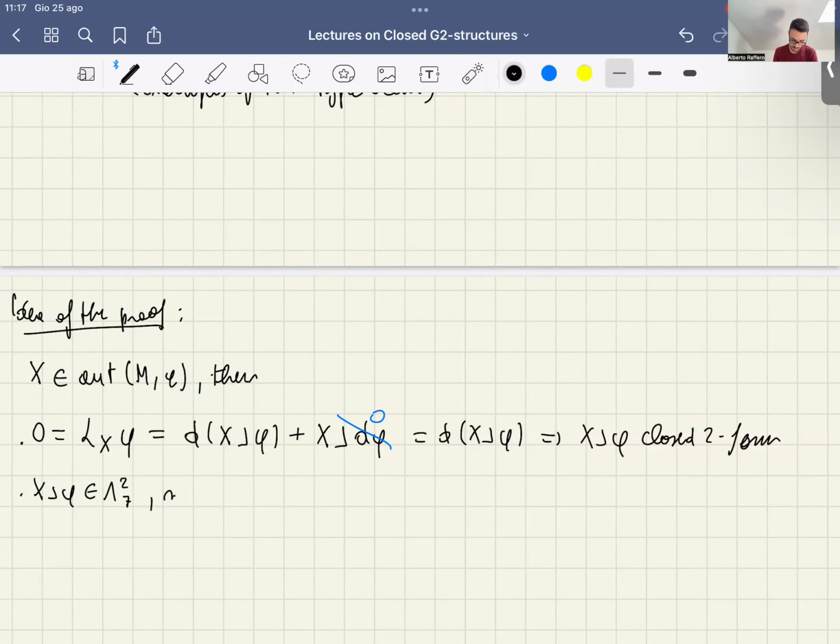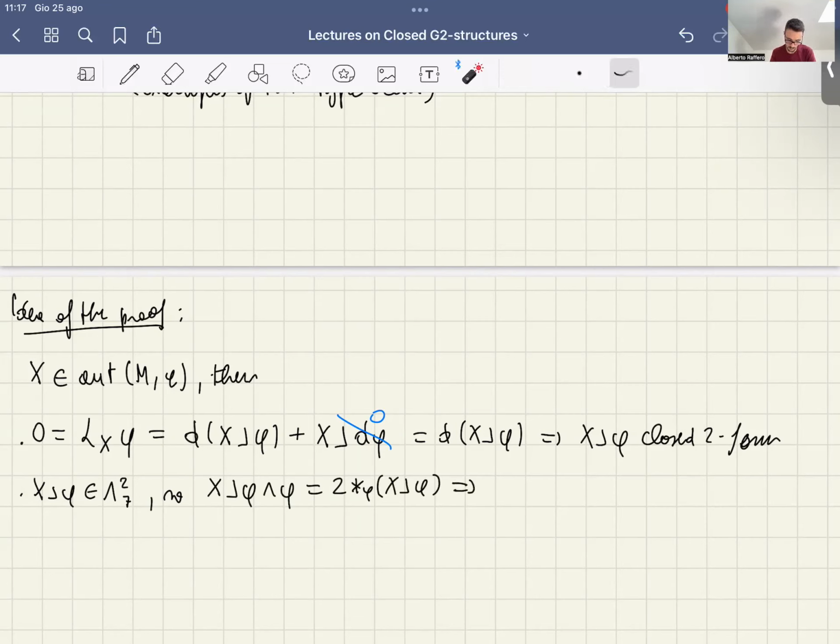This means that if you take this two-form and you take the wedge product with phi, then as we saw in the first lecture, this is equal to twice the Hodge dual of the contraction of phi with X.